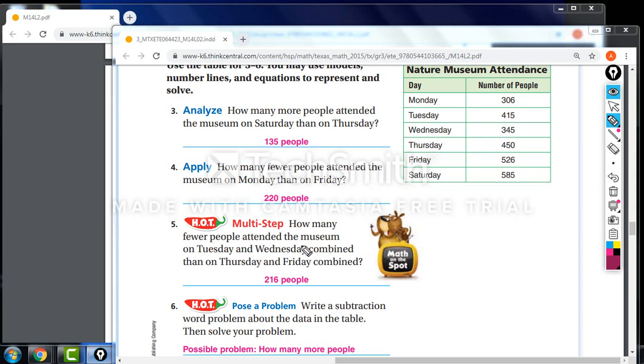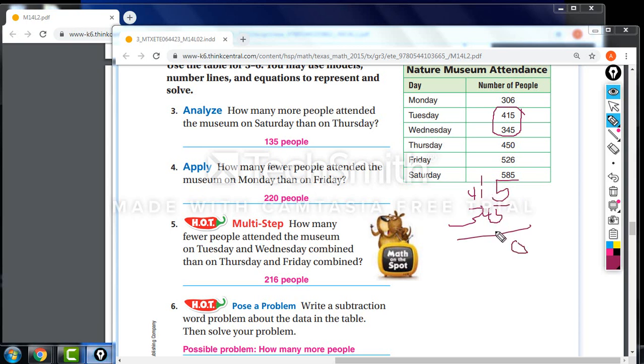Okay, so let's do it again. Tuesday and Wednesday was 415 and 345. We add those up.